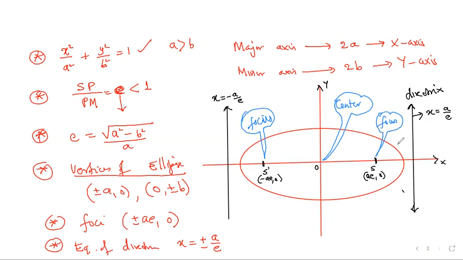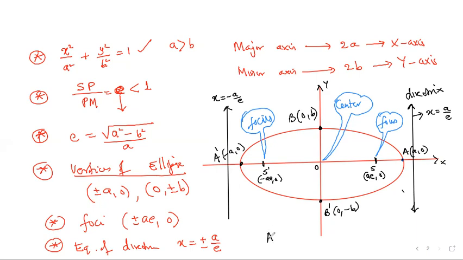Then mark the vertex as A, A comma 0. Another vertex here, A dash, minus A comma 0. Another vertex here, 0 comma B. Another vertex here, 0 comma minus B.